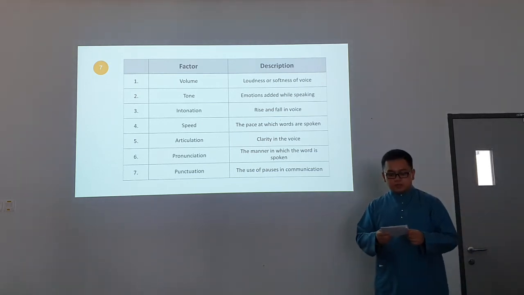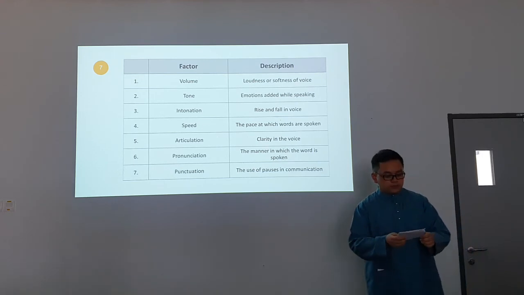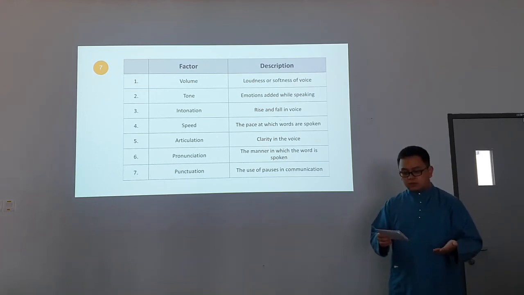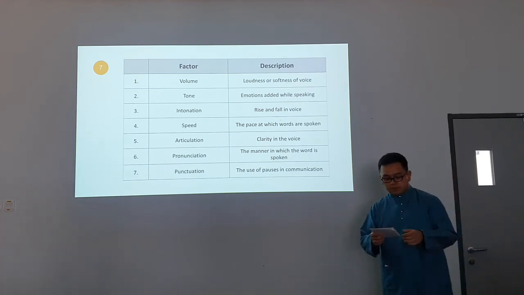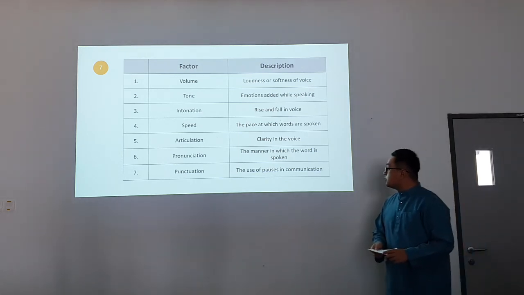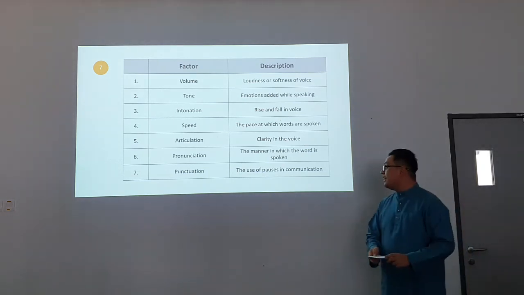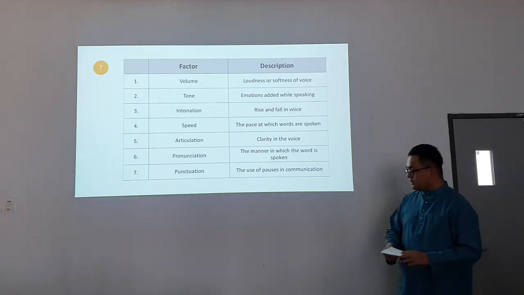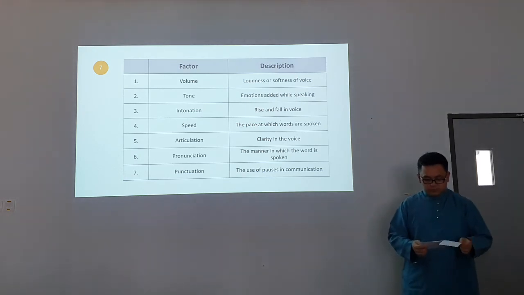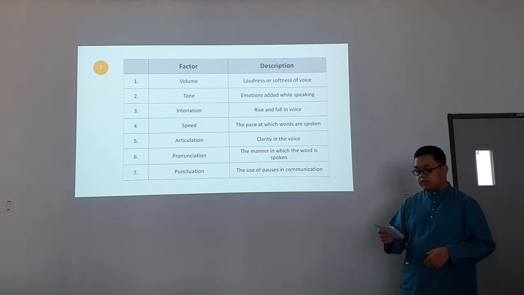A clearly articulated message indicates confidence and competence. Listeners will get distracted if the speaker talks sloppily or mispronounces some of the words. Next one is pronunciation, which is the manner in which the word is spoken. Next one is punctuation, which is the use of pauses in communication, which helps bring clarity to words and prevent confusion.